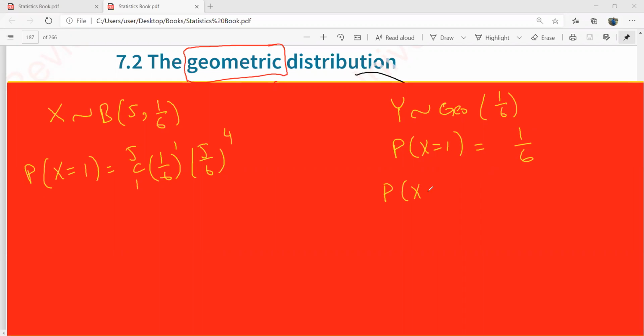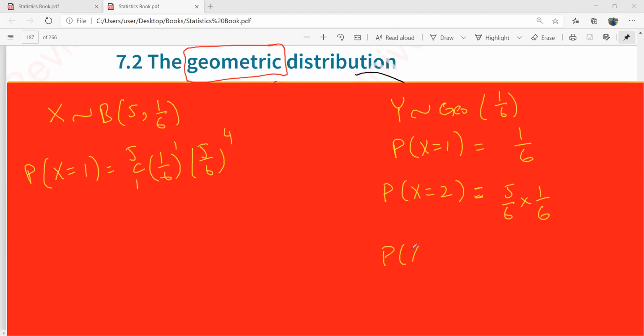If you want to find the probability X equal to 2, pay attention, this X equal to 2 means that you are going to get the 6 on the second roll. If you are going to get the 6 on the second roll, this means it was not 6 on the first roll. So this is going to be 5 over 6 times 1 over 6.